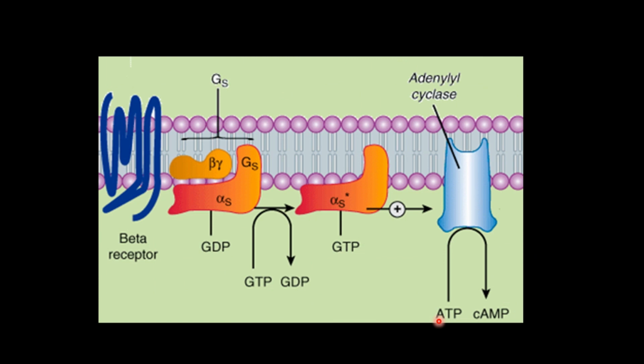This is the beta receptor, a serpentine type of receptor linked with Gs. When any neurotransmitter like norepinephrine or any drug binds with the receptor, it will activate Gs, and Gs will activate the adenylate cyclase enzyme, and this enzyme increases the availability of cyclic AMP, and now it's the duty of cyclic AMP to produce the effects.